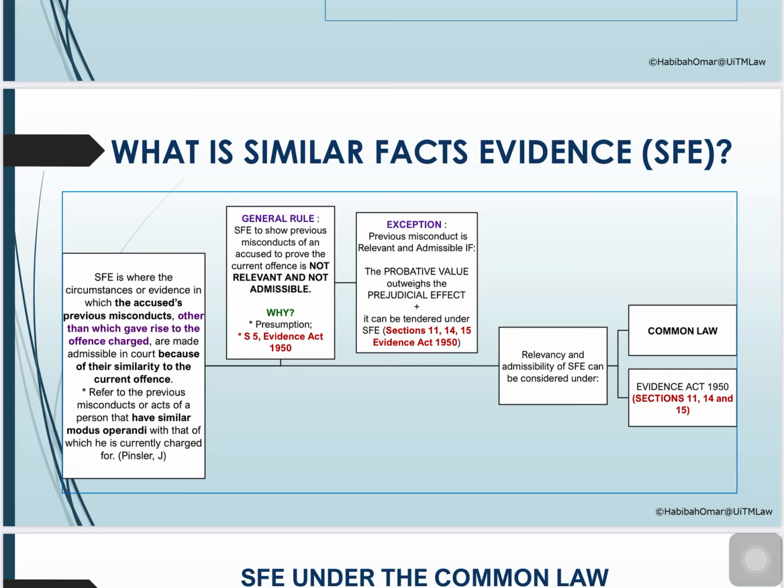Now, if you are bringing in the previous misconduct, say what happened in 2010, the incident that happened in 2010 basically happened to a different victim at a different time and at a different place. So this is, as a general rule, not related to the current charge, which may be happening in 2020.